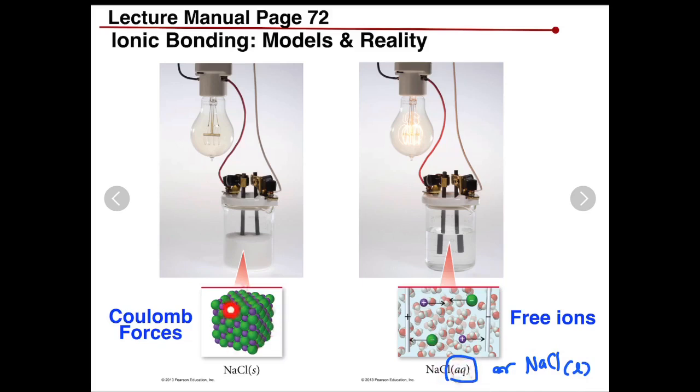The ions will not be in the fixed crystal structure like this anymore. They are going to have free ions to move around. Therefore, in this case, it's going to allow for the free movement of ions to conduct electricity, to carry the electrode potential from one electrode to another electrode, creating the ability for the light bulb to be lit.